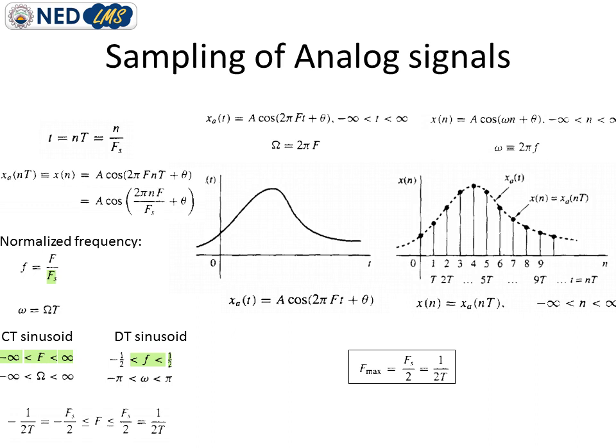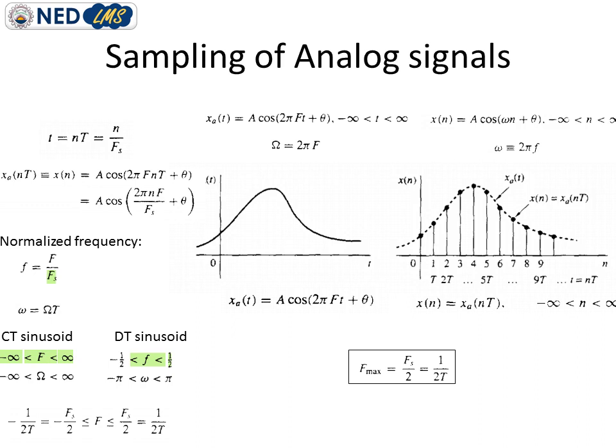Here F is the frequency of the analog sinusoid or continuous time signal represented by capital F, and for our convenience we use different notations for the frequency of the analog domain and discrete time domain.